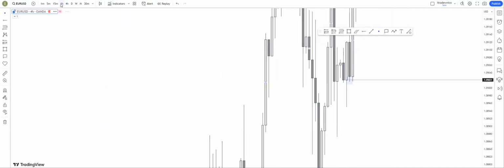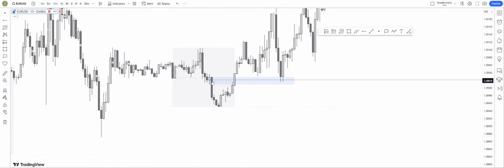You can enter at this level, or just enter whatever you want. I will personally enter right here so I don't miss a trade, and that's what makes sense to me. But again, that's basically your key level.